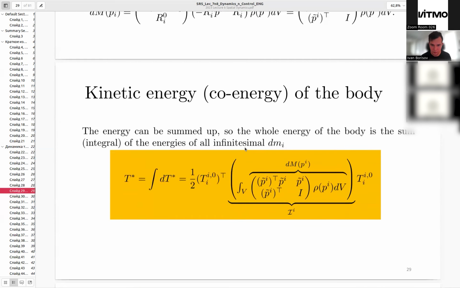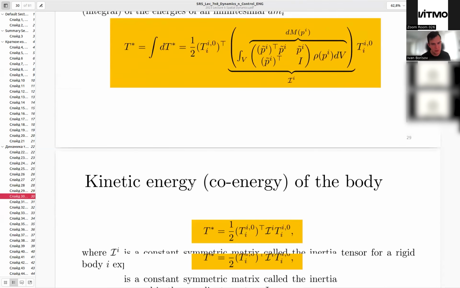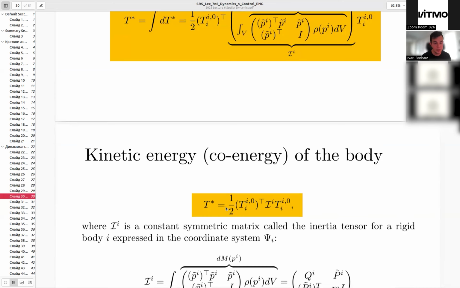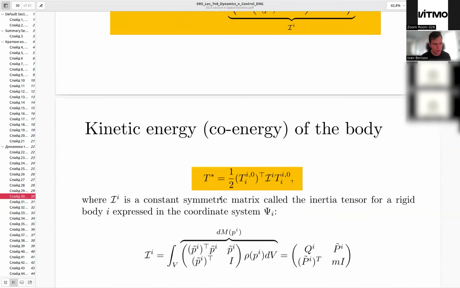So if we put this dm into the integral, we can compute the whole energy of a twist of a body. So if you consider a body, we already know how to compute twist. You can compute it out of a homogeneous transformation matrix, for example, or you can use exponential coordinates.